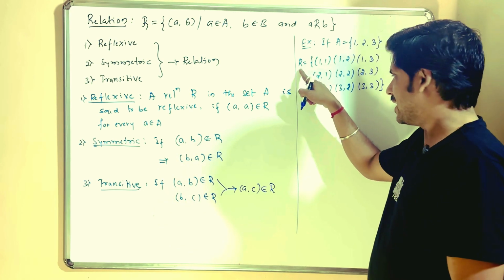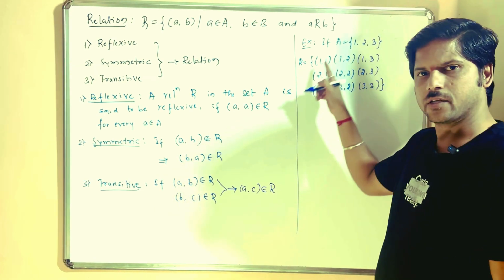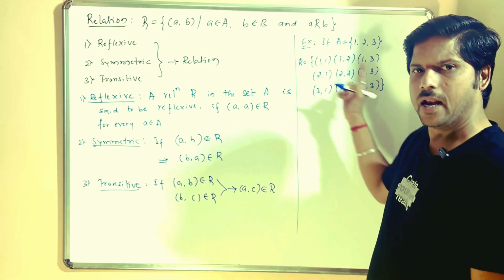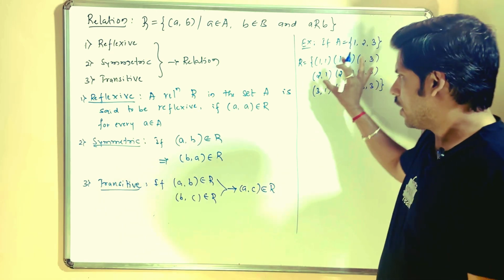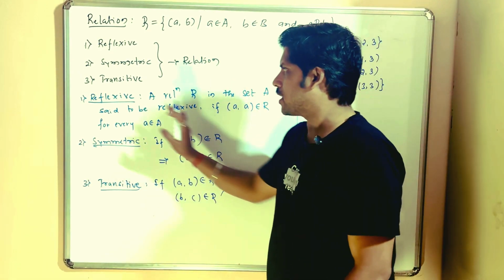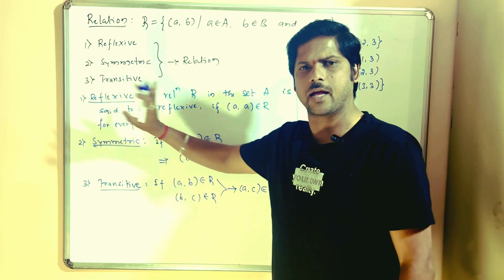So R is defined with 9 ordered pairs, or 9 elements. Now we have to check whether this relation is reflexive, symmetric, transitive.